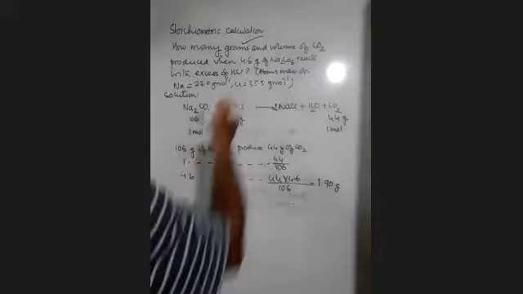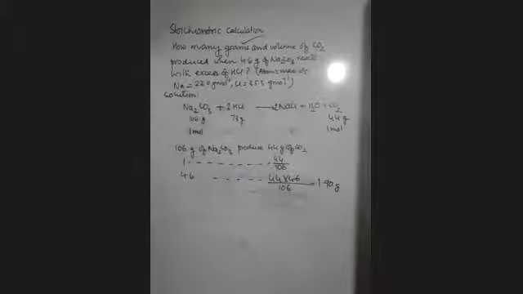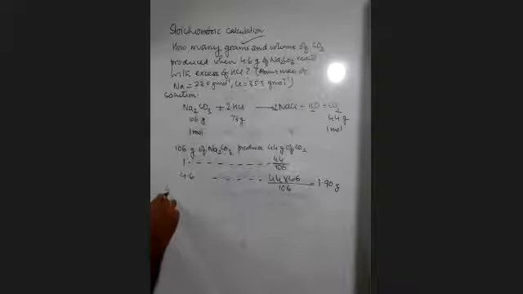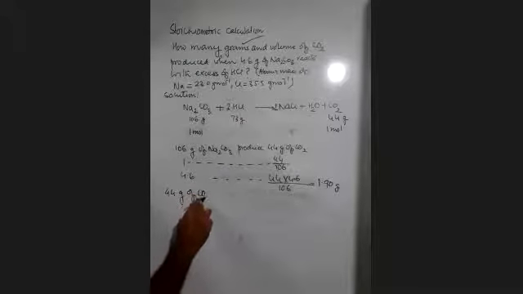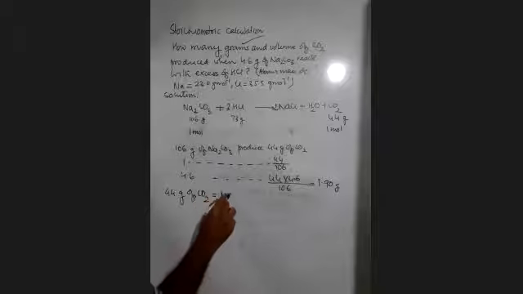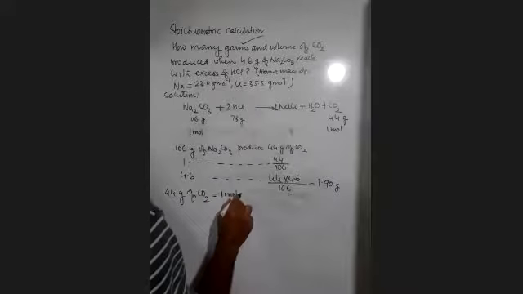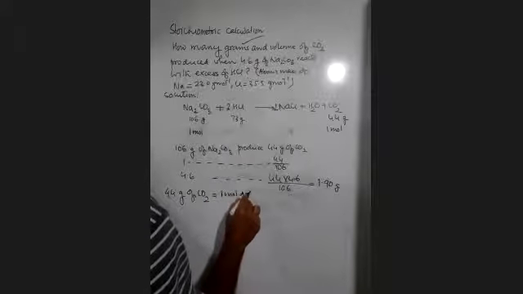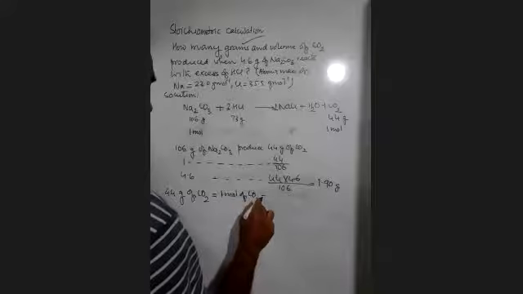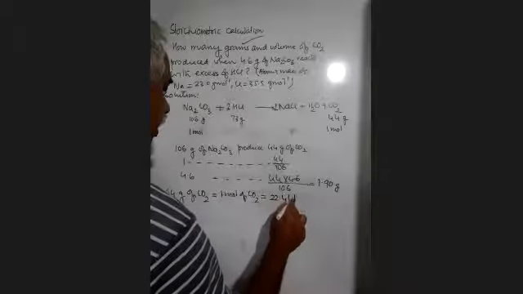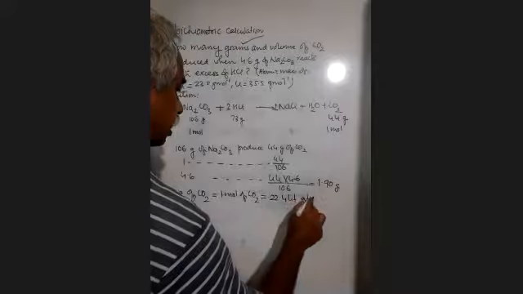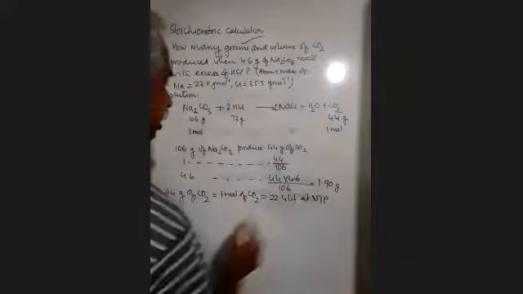Then what does it say? Volume. See, 44 gram of carbon dioxide is equal to 1 mole of carbon dioxide. Equal to what? 22.4 liter at NTP.